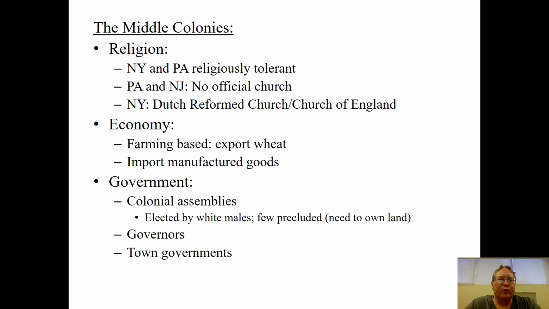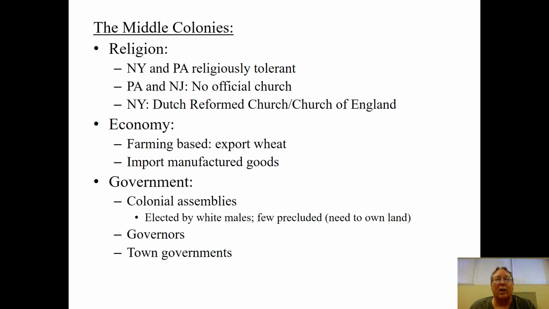Now, one thing that's also a little different here is that farming has become more important in these colonies. As a matter of fact, the colonies of New York and Pennsylvania are huge agricultural giants in the region. They grow lots of food. Their soil's really good. They're a little bit further south than the New England colonies, so their growing seasons are a little bit better.